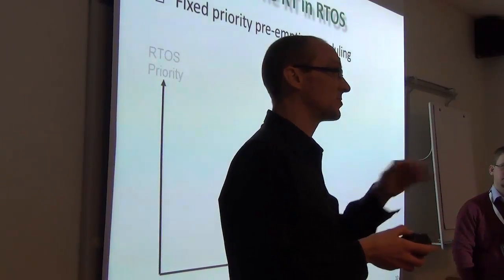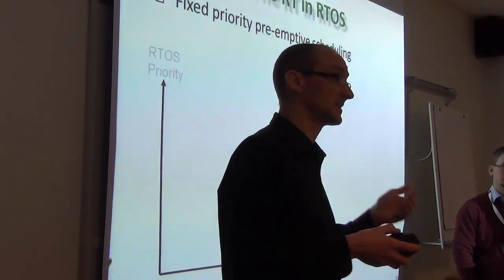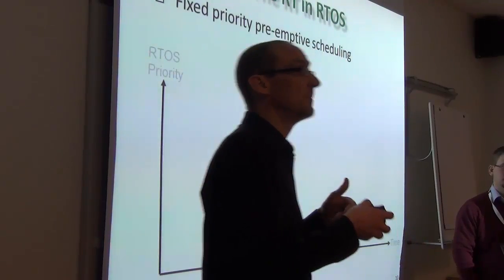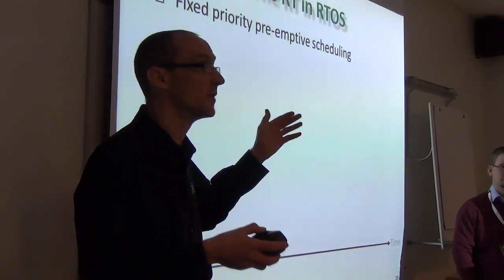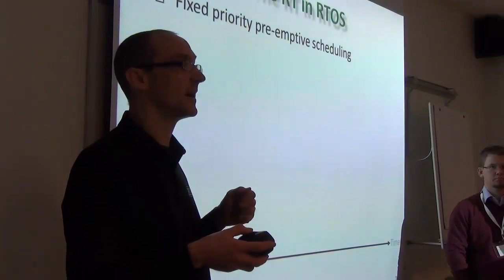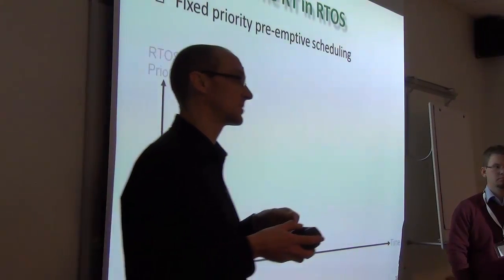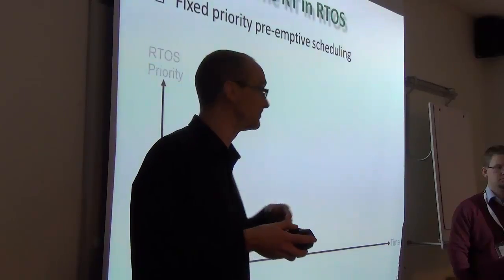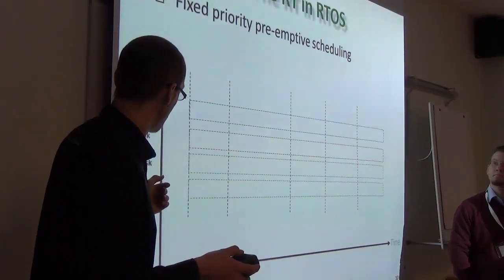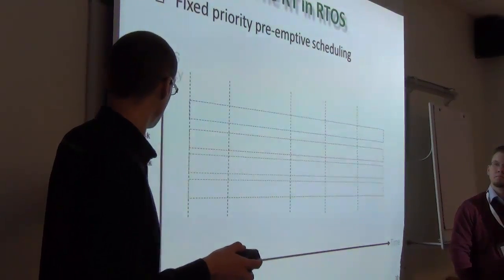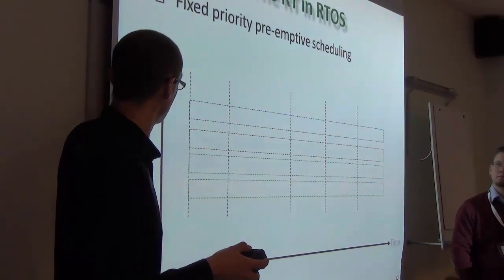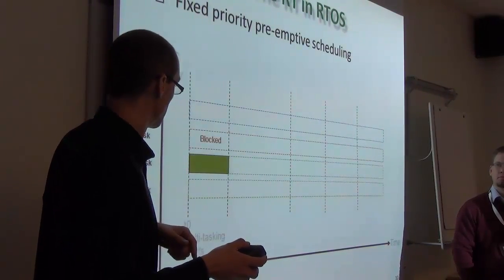And it's the application writer who decides which tasks have high priority. Generally, in a real-time system, you'll only have a few requirements that are genuinely real-time. The rest of them are a little bit more squidgy, what we might call soft real-time. So we've got the concept here. We have low-priority tasks, medium-priority tasks, and a high-priority task.